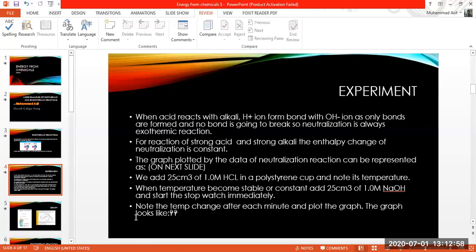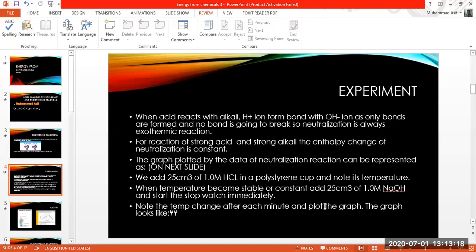Then note the temperature change after each minute and record all the values, and this data is used to plot the graph.